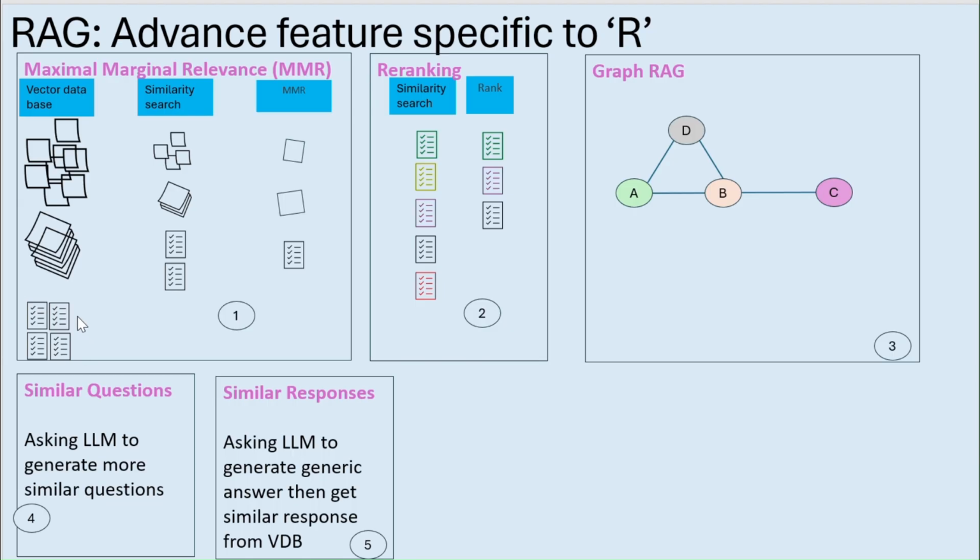When you do the search query, if you have said top three, it may give you any one of these three sets. Or if you have said, give me one from each of the sets, like this.